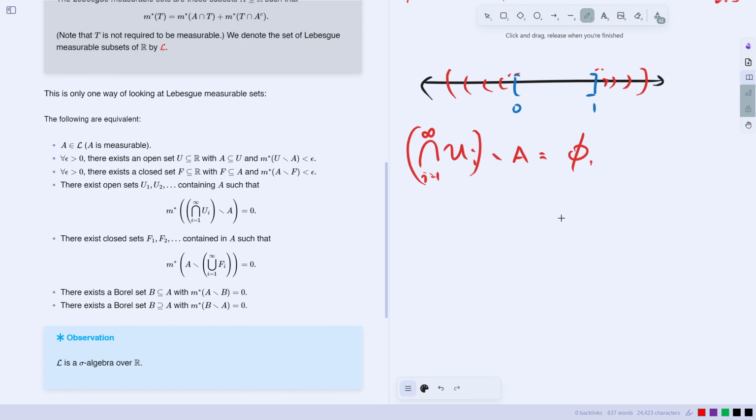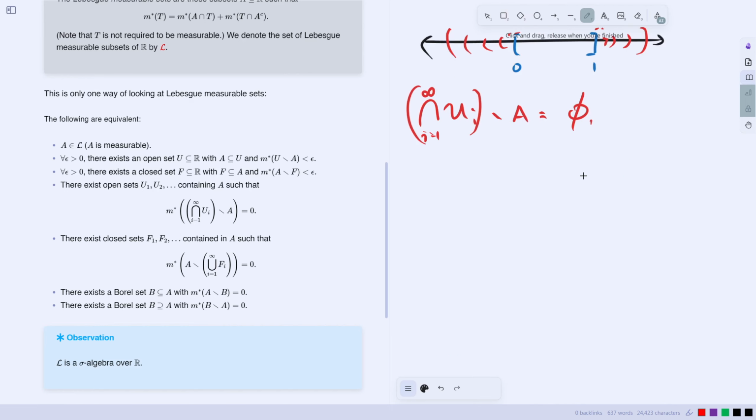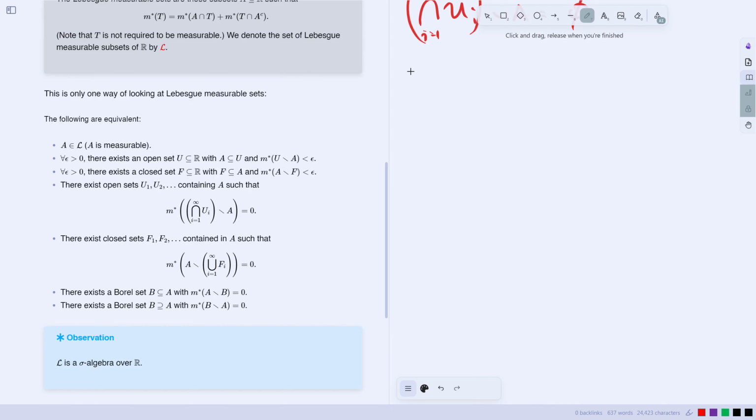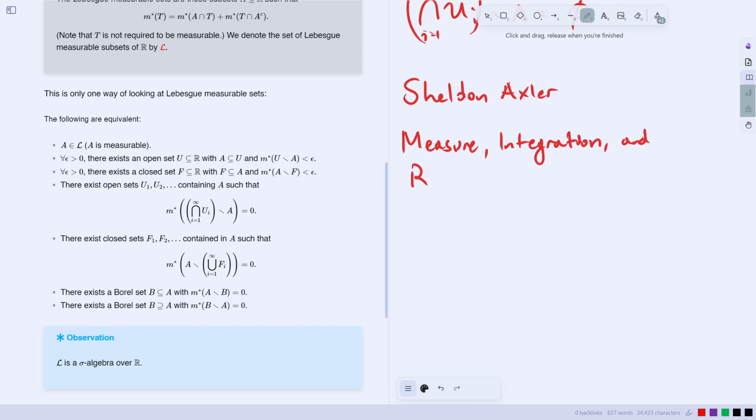I'll reference you, by the way, while we're here and review, this guy, Sheldon Axler. He has a book called Measure, Integration, and Real Analysis.